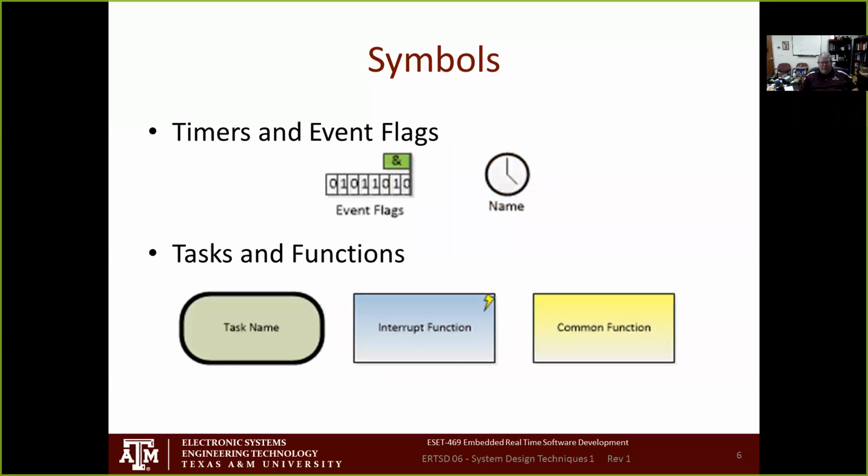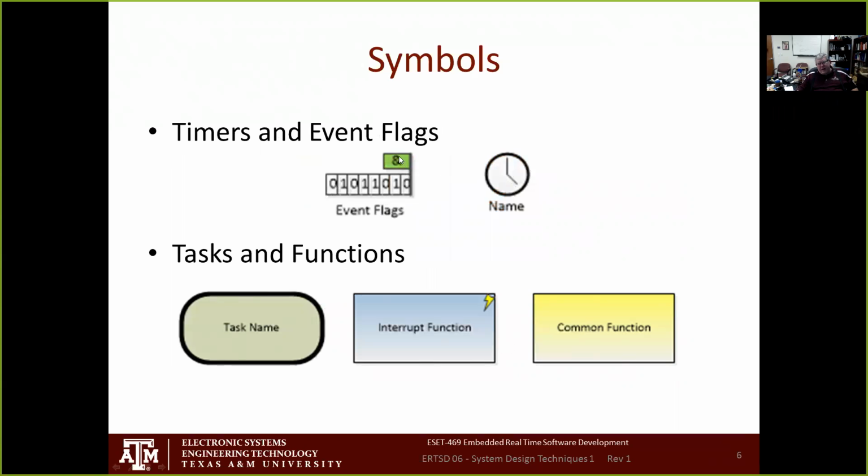We talked about timers and event flags. We know pretty much what those are. A timer is any time that you have something that goes off and waits for a particular period of time. An event flag, on the other hand, is basically like a group of semaphores.